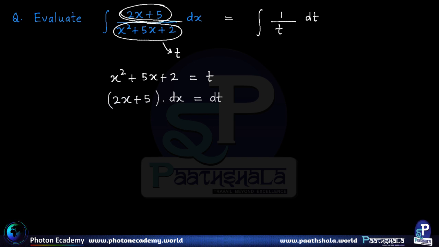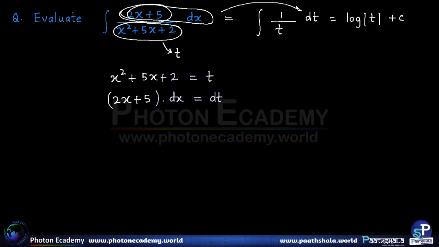Because this whole portion 2x plus 5 dx becomes dt, and we know that the integral of 1 upon t is log of mod t. So the answer is log of mod of x square plus 5x plus 2 plus c.